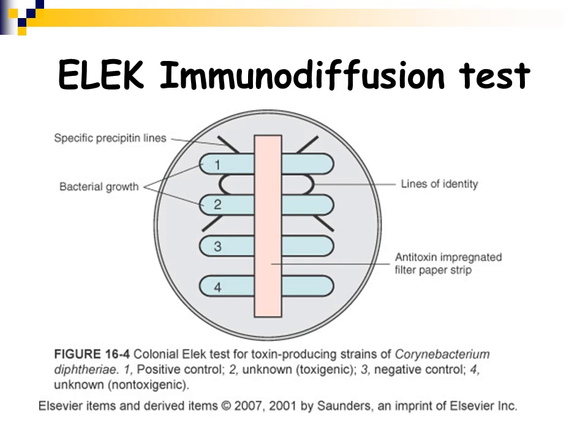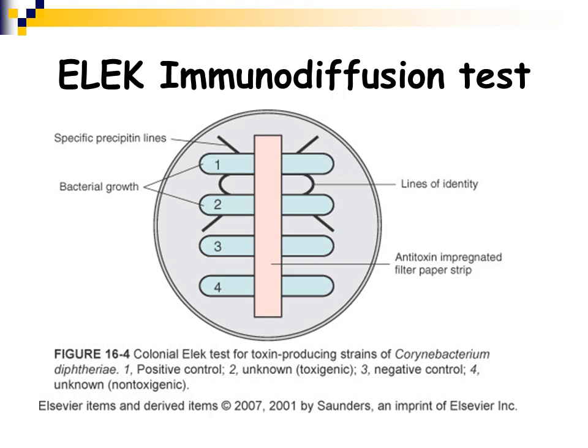You would then take filter paper that's impregnated with anti-diphtheria toxin and place it right over those lines of organism that you streaked across. If any of those organisms that are streaked out in a line are producing the diphtheria toxin, it will react with the antitoxin in that filter paper, and it will generate these precipitin lines that you can see coming out from the organism.